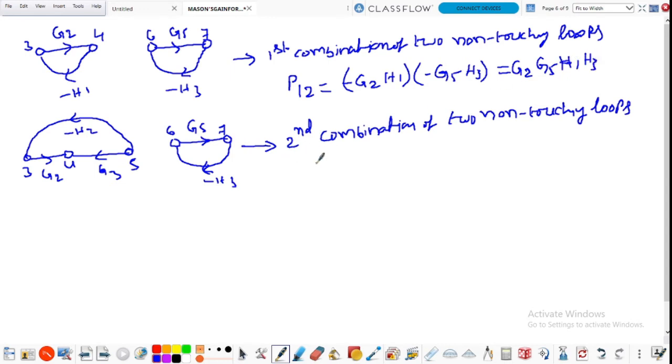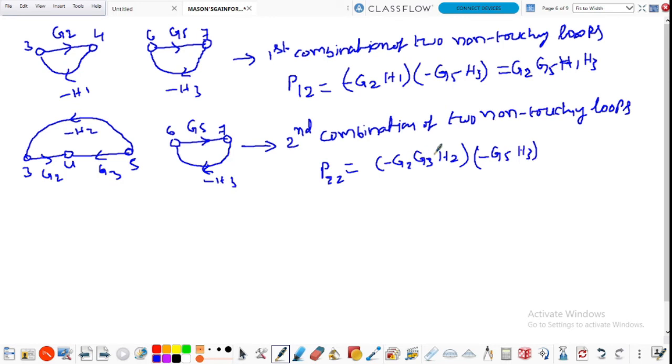And the gain product of the second combination of two non-touching loops is denoted as P22. This loop gain is minus G2, G3, H2. This loop gain is minus G5, H3.